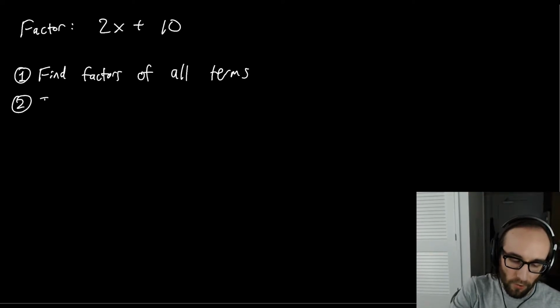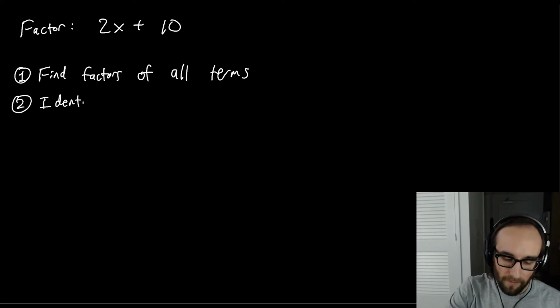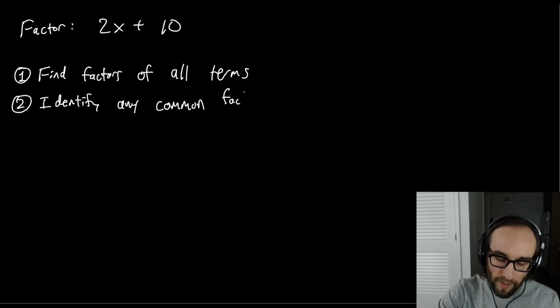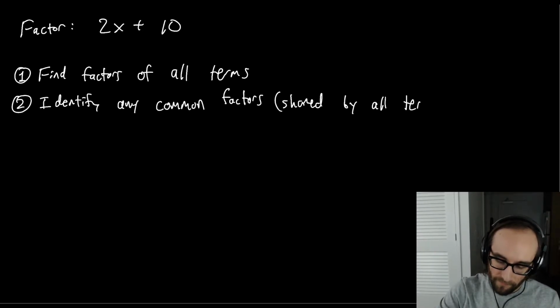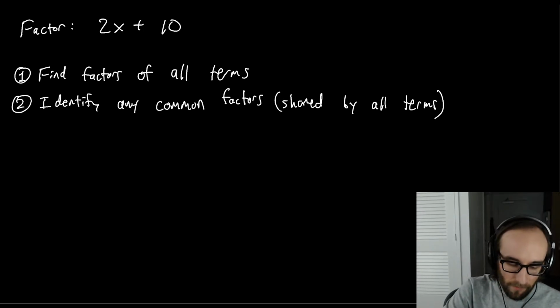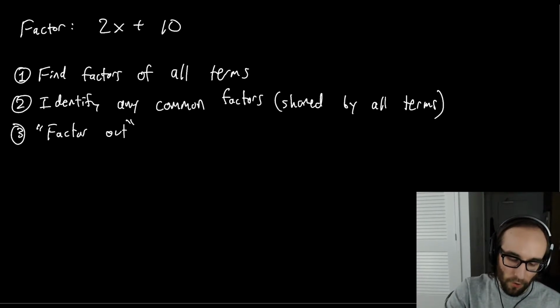Secondly, we're going to identify any common factors, so factors that are shared by all terms. And thirdly, we're going to factor out these common factors, which I'll show what that means in a moment.